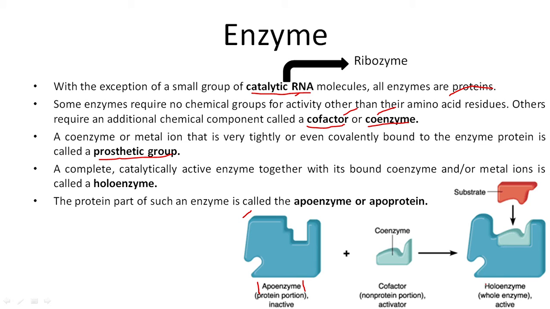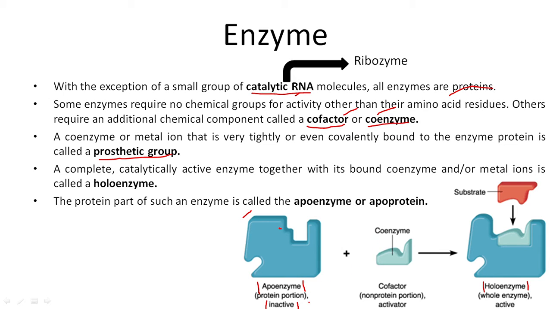Now, the second thing is holoenzyme. Holoenzyme is the combination of this protein part and coenzyme or cofactor, which is generally a non-protein portion. So here we can see that the protein part is inactive, means the apoenzymes are generally inactive as these enzymes require a coenzyme or cofactor for their activity.